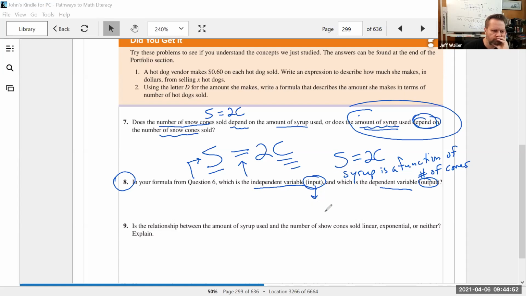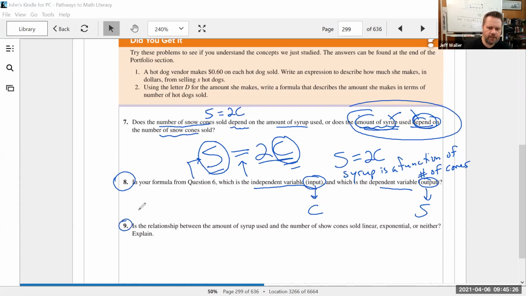No. So up here, what did we say? The amount of syrup depends on the number of snow cones, so isn't the syrup the dependent variable? Yes. So wouldn't I input a number of snow cones and then double it to get the amount of syrup to come out? So the output is syrup and the input is cones. So we've looked at this idea before, input versus output, dependent versus independent.